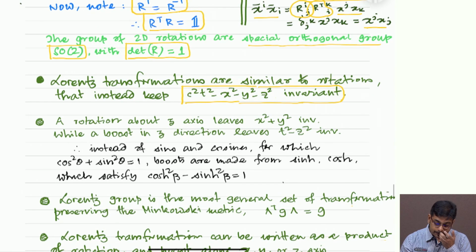So, therefore, the rotation about z axis on one hand leaves x square plus y square invariant, whereas a boost in the z direction leaves the t square minus z square invariant.